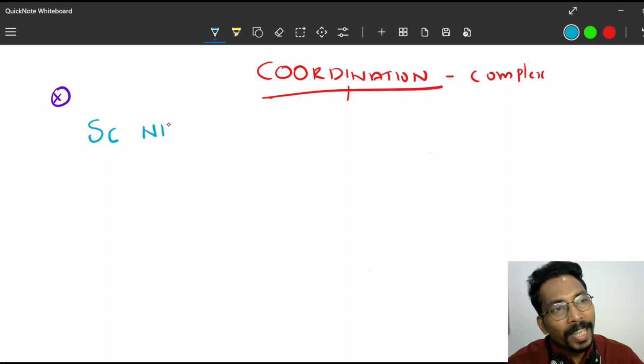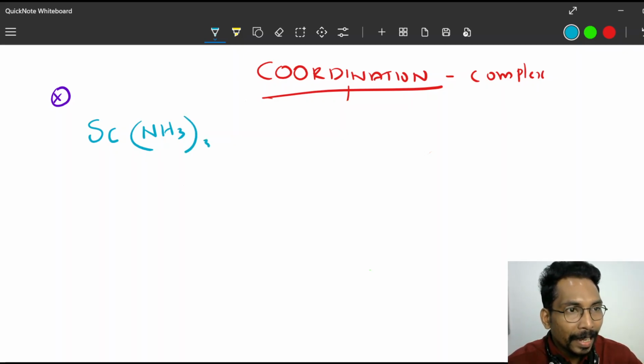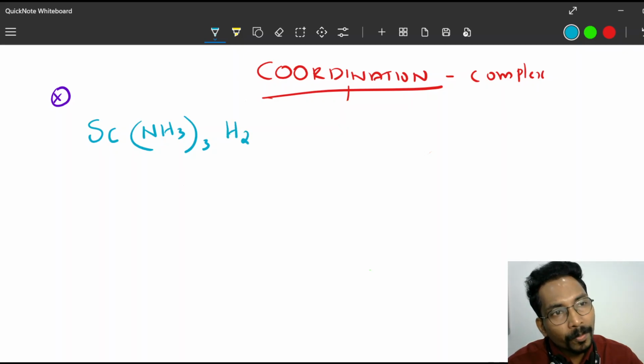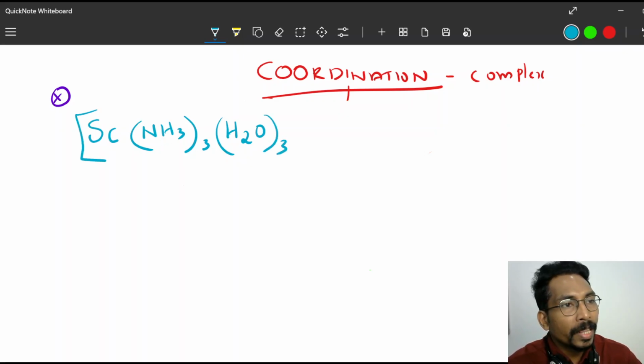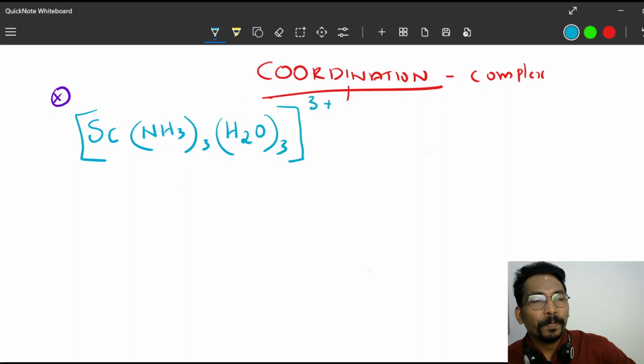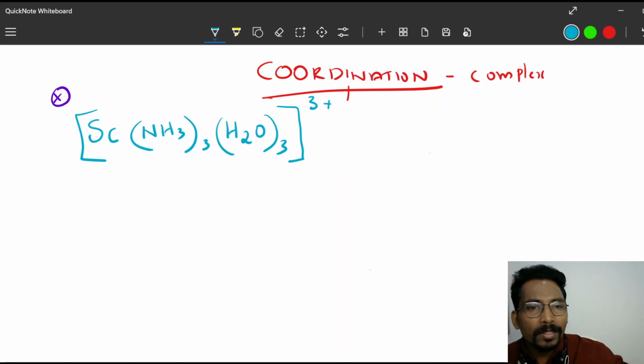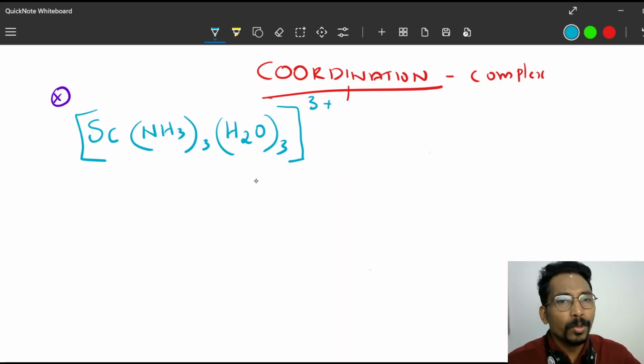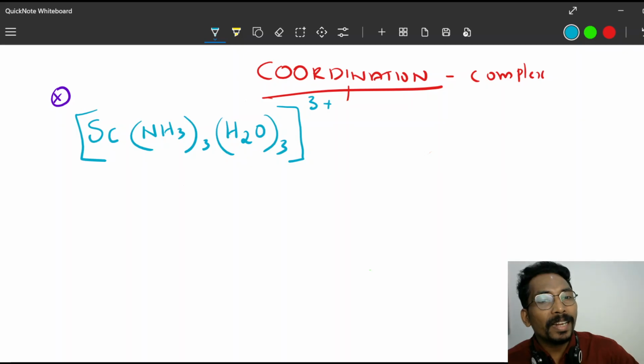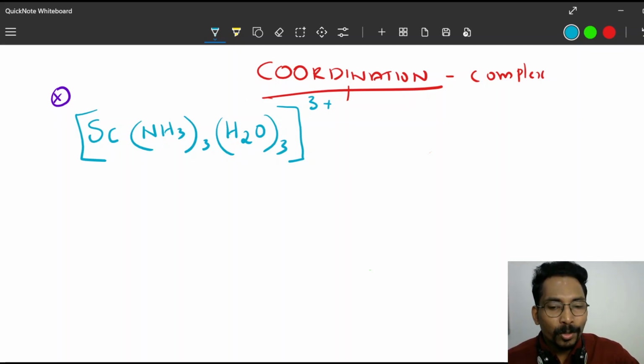NH3 3 times and H2O 3 times, then square bracket and 3 plus. Okay, so this is a part of a complex. A cation is given. So same rules only. So can you please tell me which is the central metal atom here and which is the ligand here? So it's very simple.